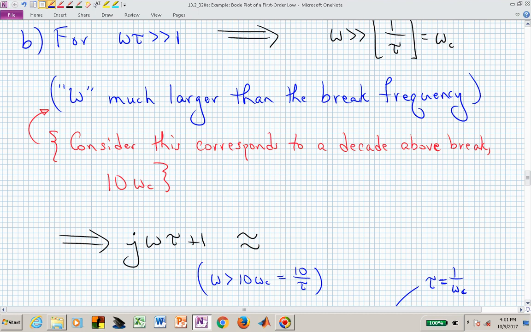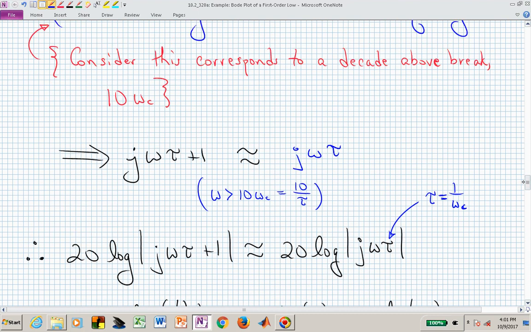Well, 10 is much bigger than 1, so let's just go ahead and approximate this complex expression as just the imaginary component. So this now becomes j omega tau. What does that mean?